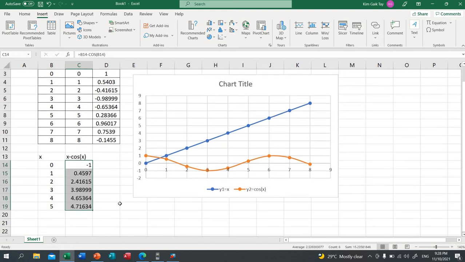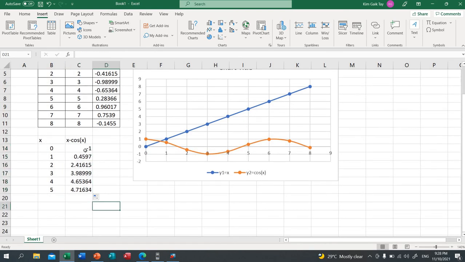Okay, and then you can see also here, f(0) is -1, f(1) is positive. That's why according to the intermediate value theorem, your y value changes from negative to positive. So it should pass y equal to 0 at some point in the interval 0 to 1.